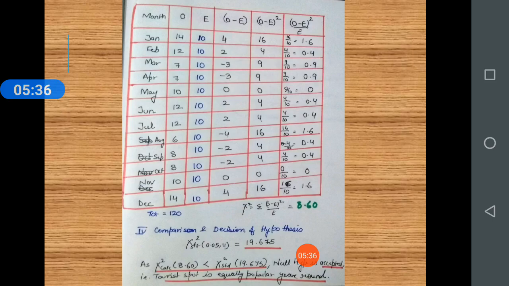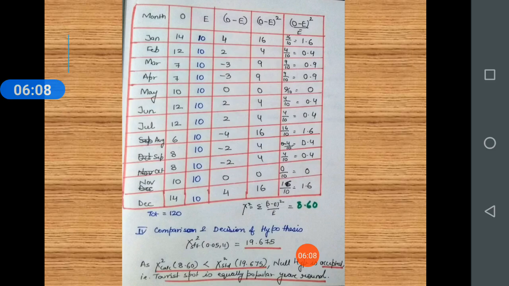Similarly, we need to calculate (O minus E) square divided by E for each row, which comes out to be 1.6, 0.4, 0.9, 0.9, 0, and so on. The last step will be to find the summation of the last column, which is equal to 8.60.